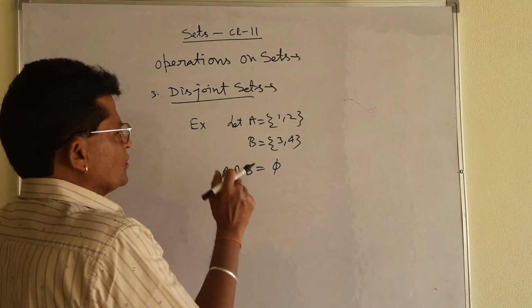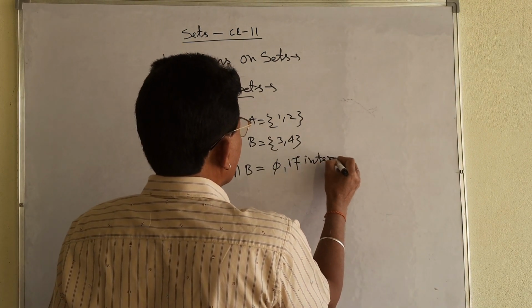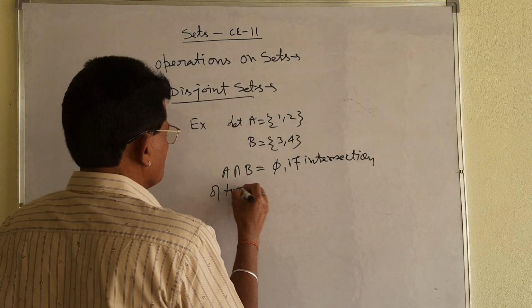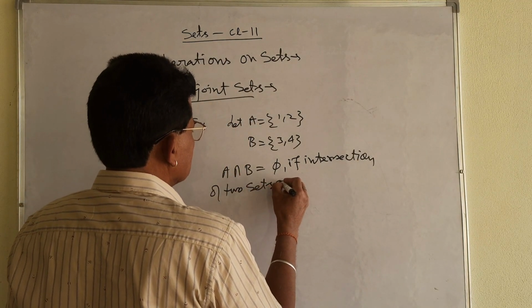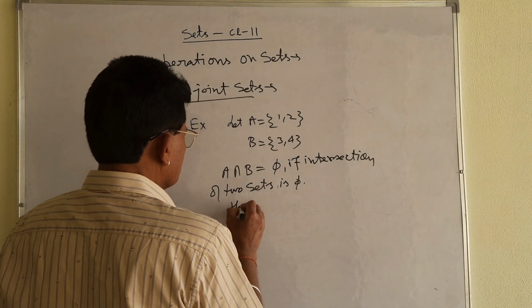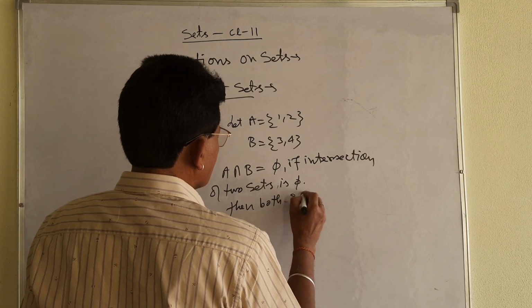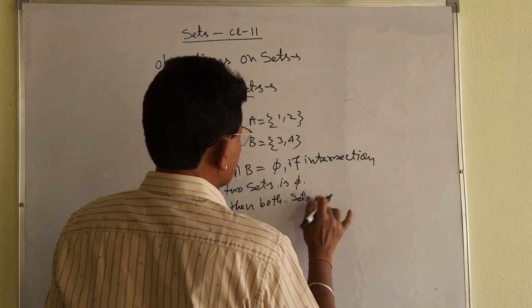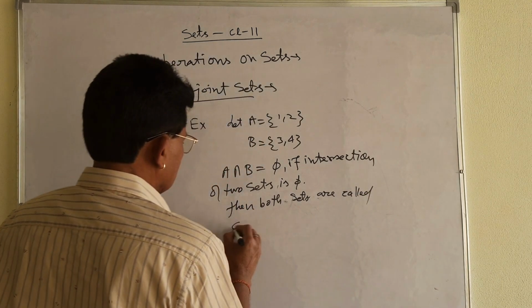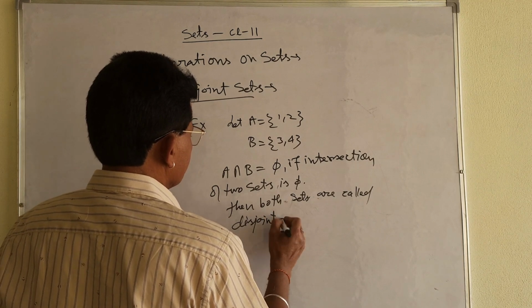If the intersection of two sets is empty, then both sets are called disjoint sets.